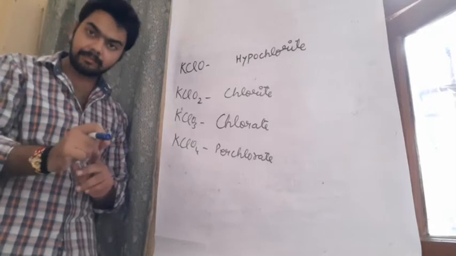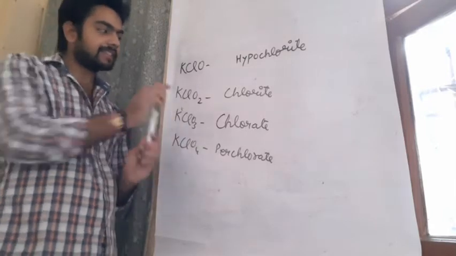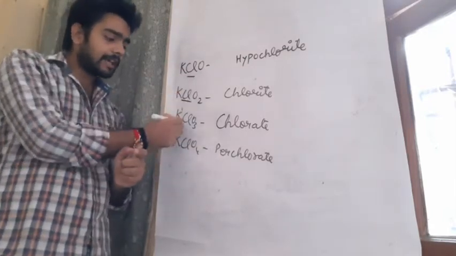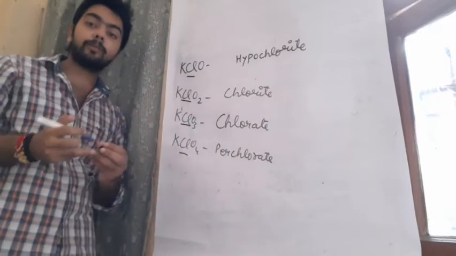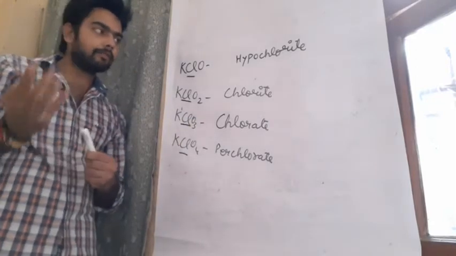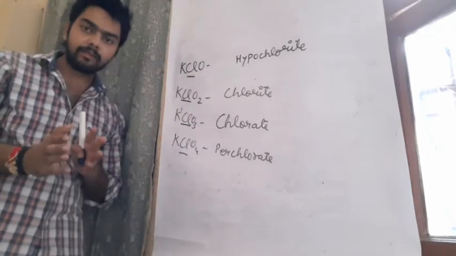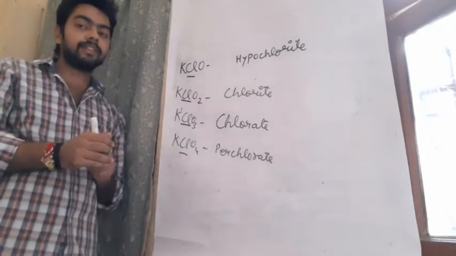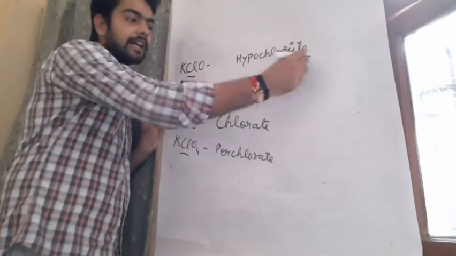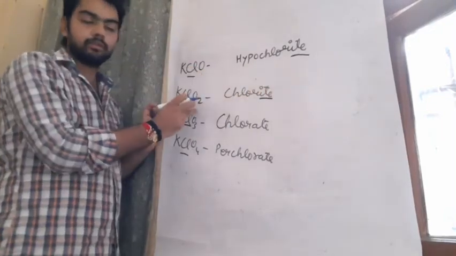But sometimes when a halogen is involved, here we can see chlorine as the halogen, instead of two possibilities of oxygen, we have four. Here you can see 1, 2, 3 and 4. Similarly, the one with lesser has suffix ITE. Here you can see ITE in both 1 and 2.